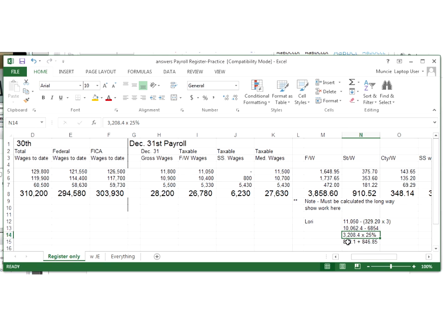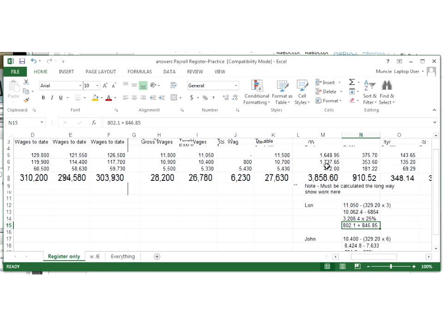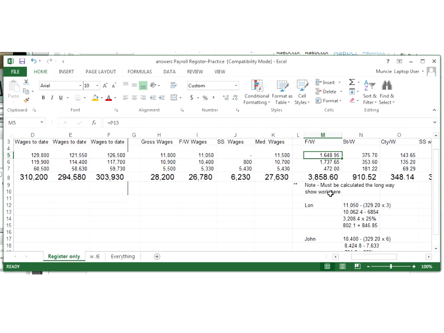So I multiply that out, I get $802, and then I add in what it tells me to add in last, which is $846.85. When I sum it all up, I get that $1648 amount.